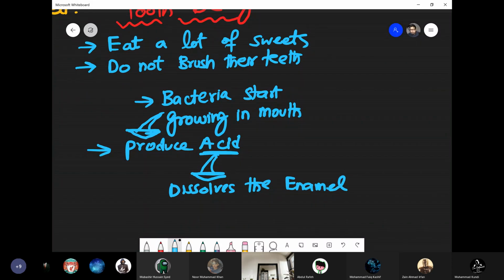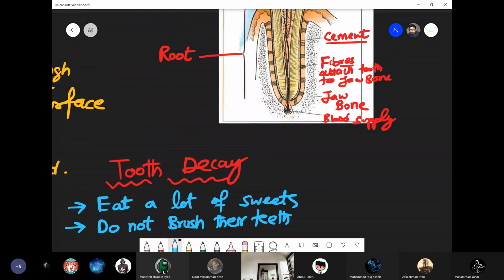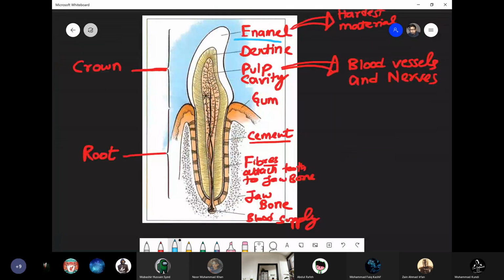Now, just think, when this enamel is dissolved, then what will happen? Then the dentine will be exposed, right? Then this bony part will also be destroyed by the acid, and the nerves, this pulp cavity, will become exposed, and a hole will be made in the tooth. Now that is called a cavity.